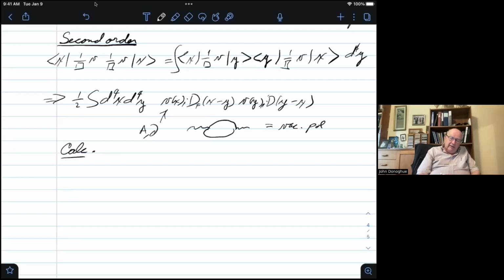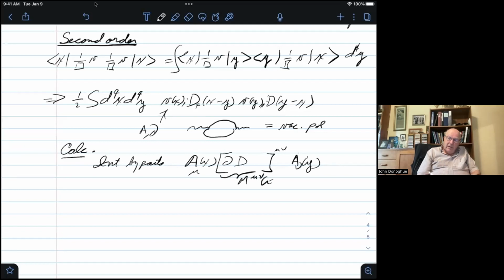So if I do that, I can get things that look like A of X, derivatives on D's, A mu of X, A nu of Y, some things, mu nu, some matrix here, mu nu. That's a function of propagators and derivatives of propagators.